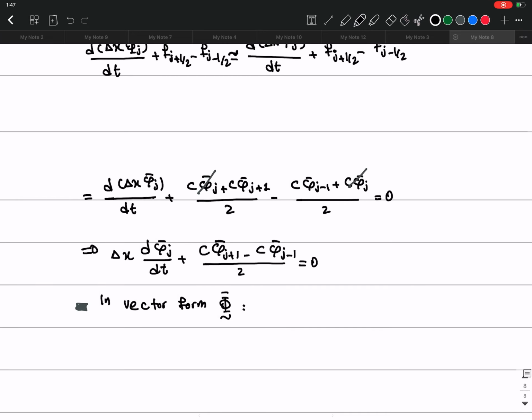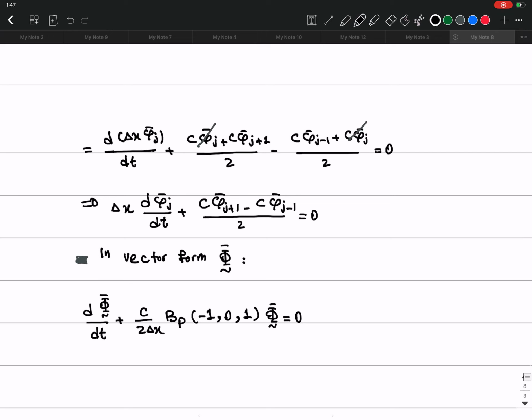We will have d phi bar over dt plus c over 2 delta x bp, which is a matrix, minus 1, a tridiagonal matrix, 0, 1, phi bar equals to 0. So this is the final equation we have that we can solve with any software.